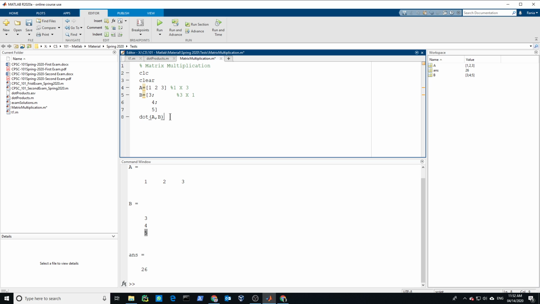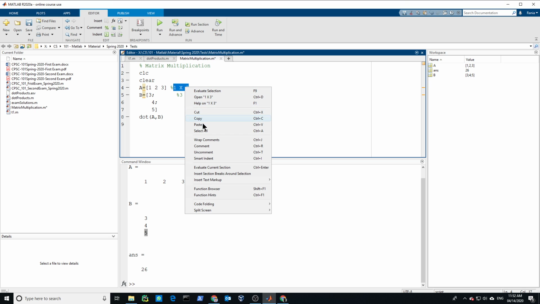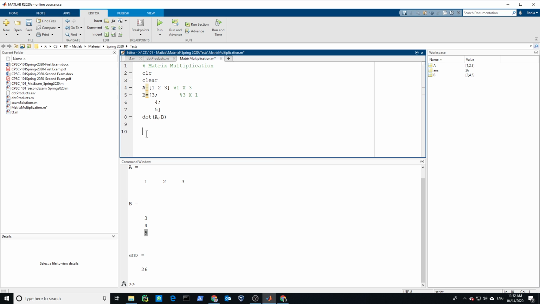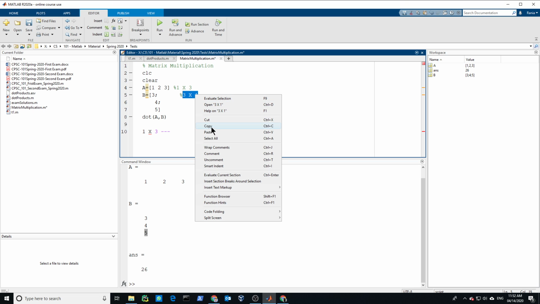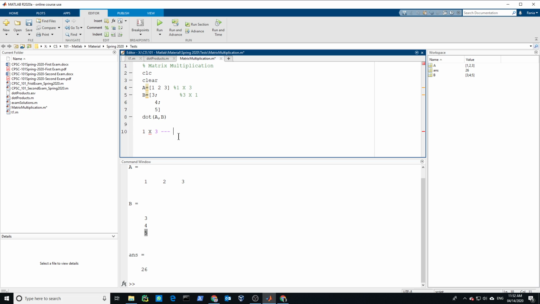So if you put them together next to each other, the first one is 1 times 3 and the second one is 3 rows and one column. Okay, so you'll see in here that the number of columns in the first matrix equals the number of rows in the second matrix. So this will be okay to do multiplication. So that's the condition that we have to meet all the time.